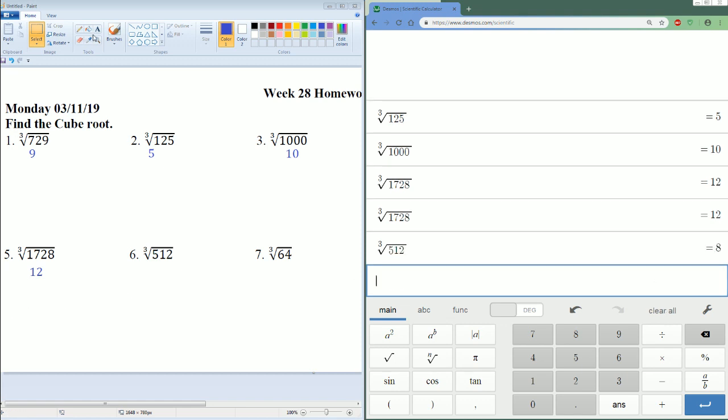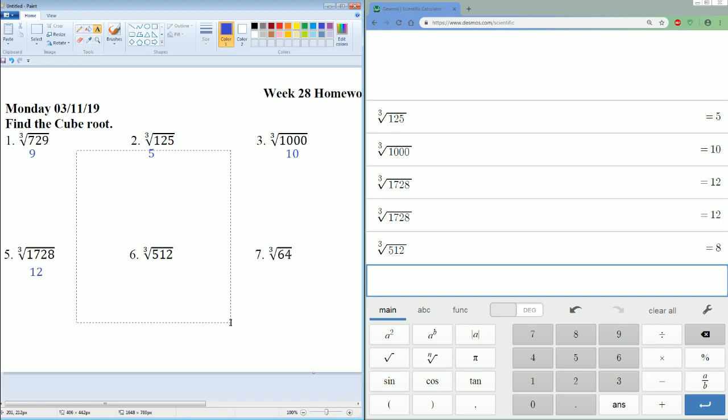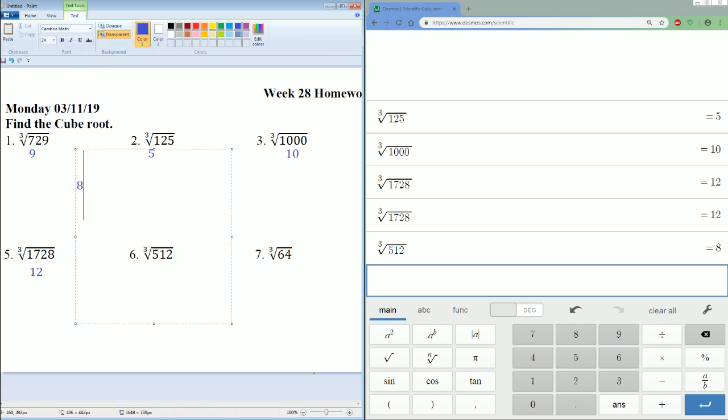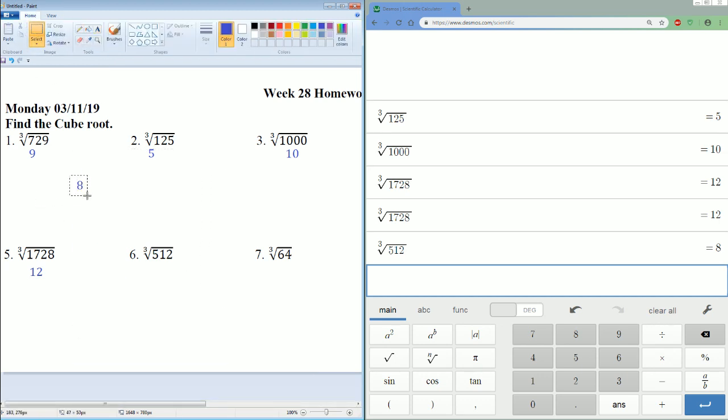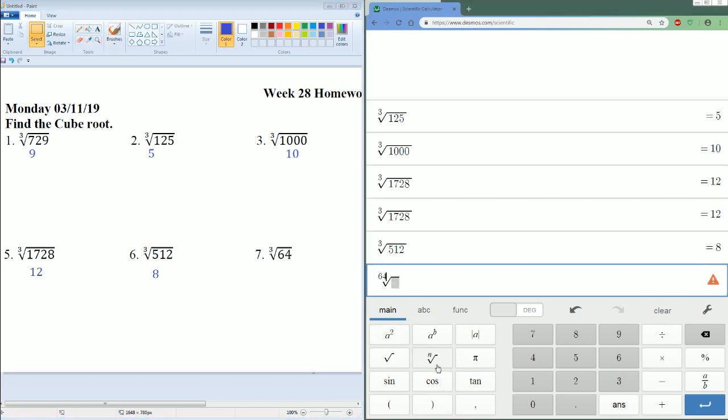That becomes 8. Cube root of 64 gives you the value of 4.